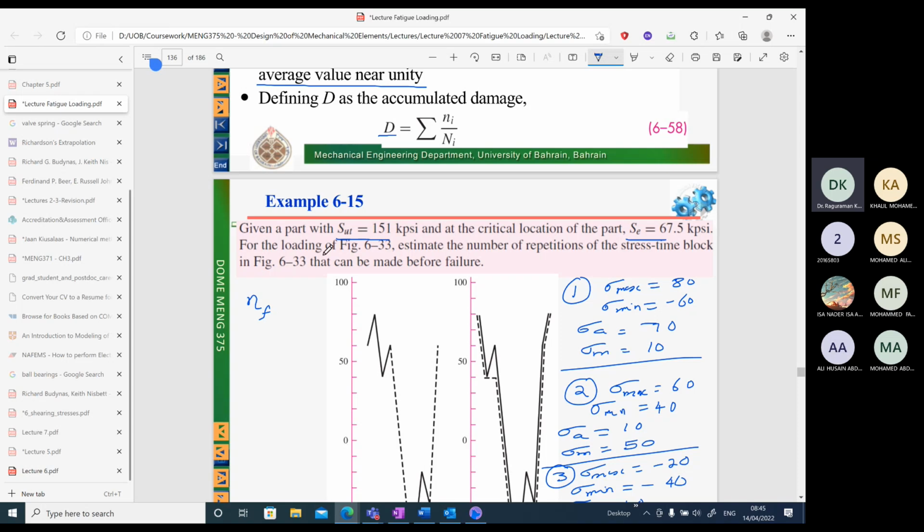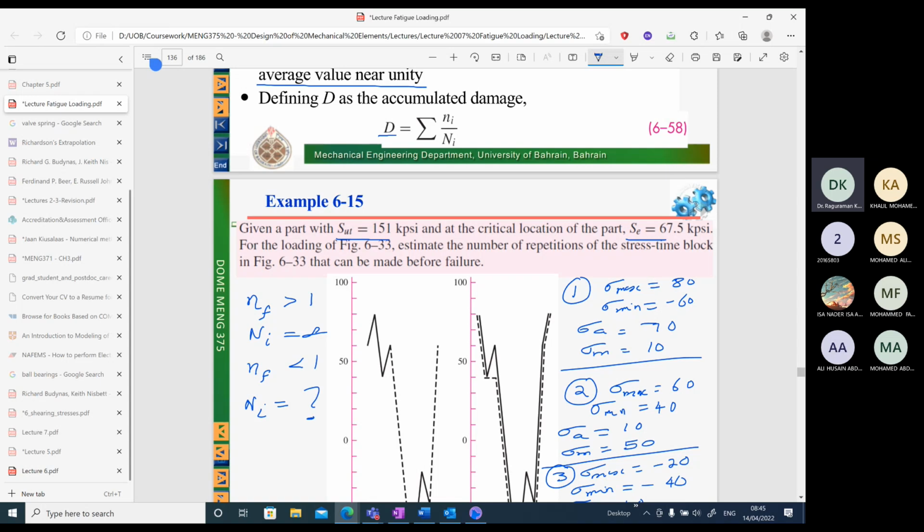If the fatigue factor of safety is greater than 1, capital N i for that particular cycle is infinite. On the other hand, if my fatigue factor of safety is less than 1, then N i, I need to figure out what it is.